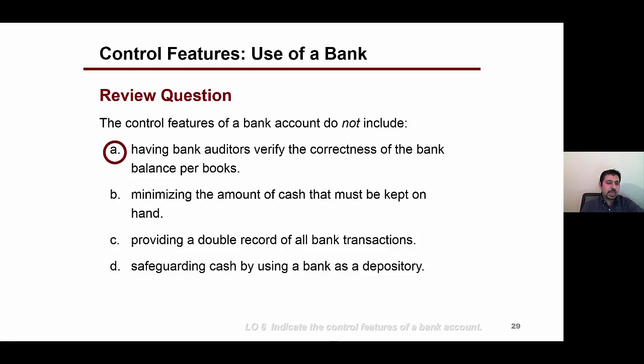The correct answer is A, because the bank auditors will not be verifying the company's books. They will be verifying the bank's books, but this is not a control feature of the company itself. This is a control feature probably of the bank, but not the company.